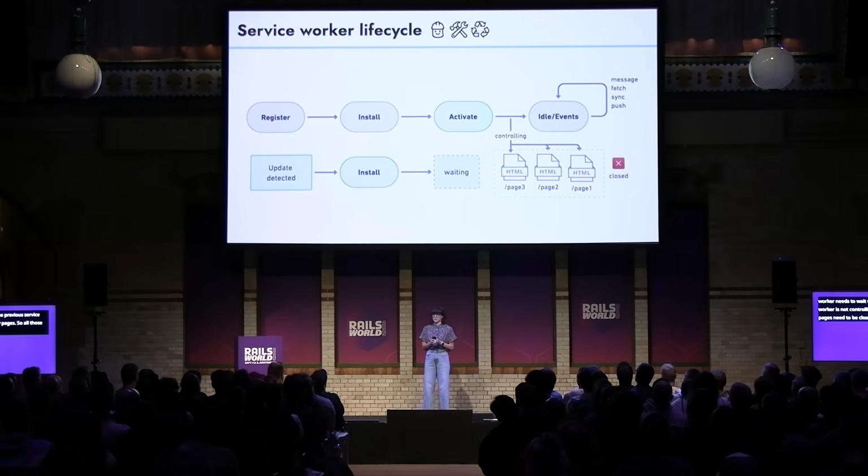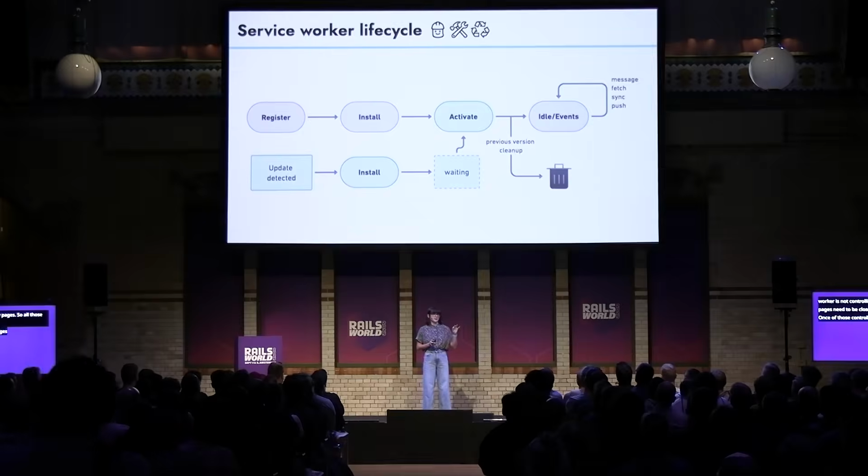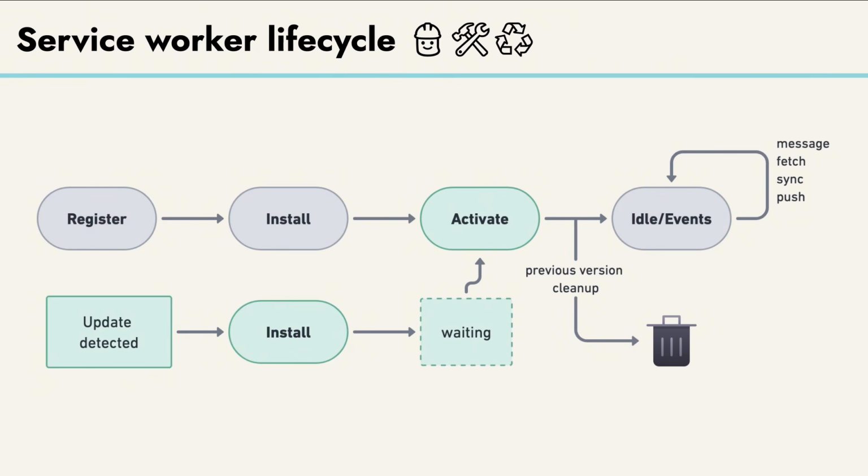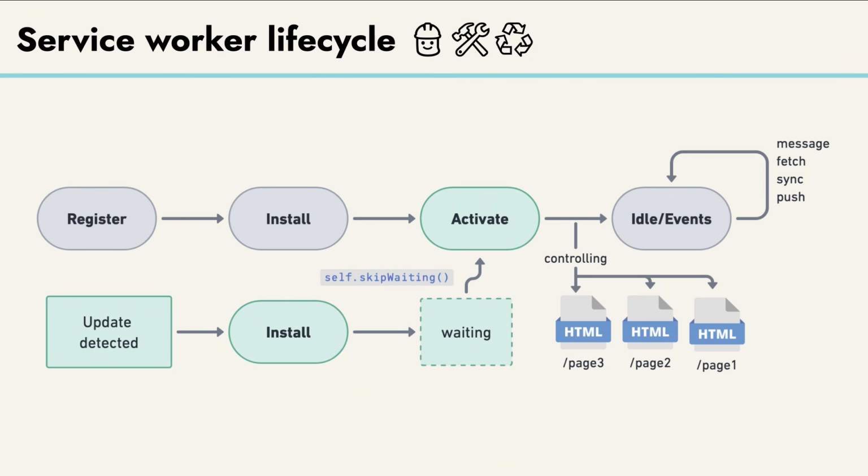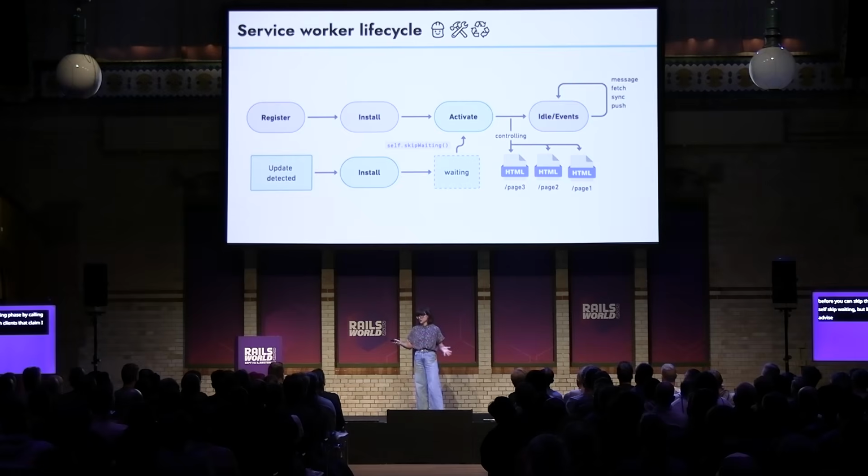Once those controlled pages have closed, the old service worker can be just thrown away, and the newly installed service worker receives an activate event. And then it'll control all the pages that open after this. As before, you can skip this waiting phase by calling self.skipWaiting, but like with clients.claim, I advise you not to add this just because, but to actually understand why you are doing this and whether you need it.